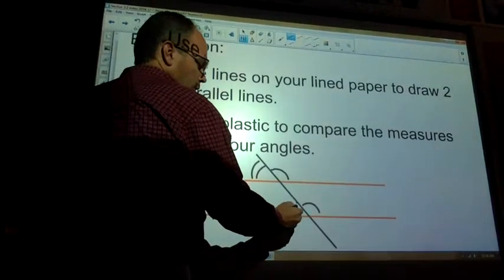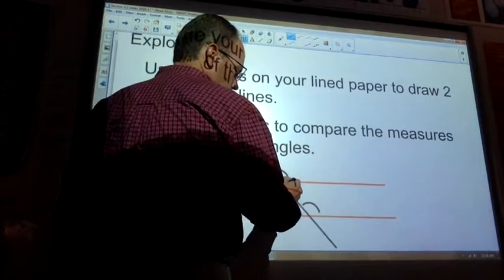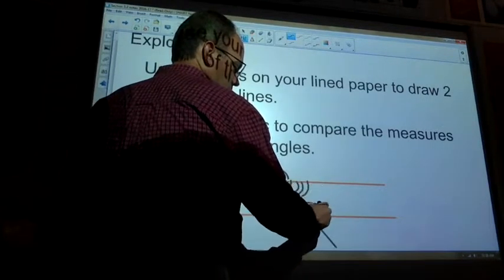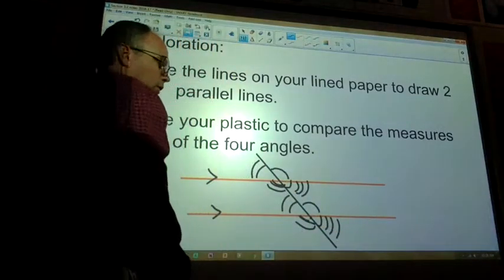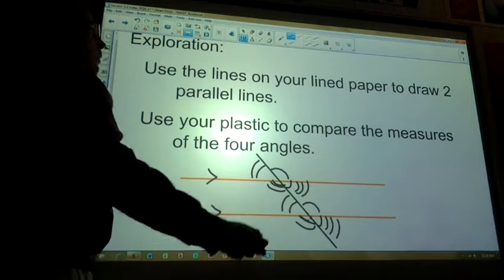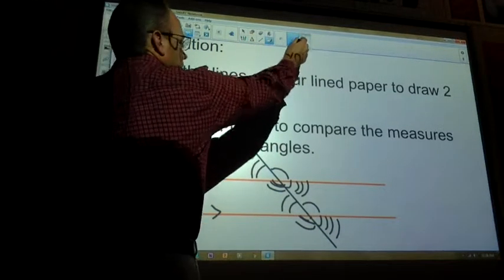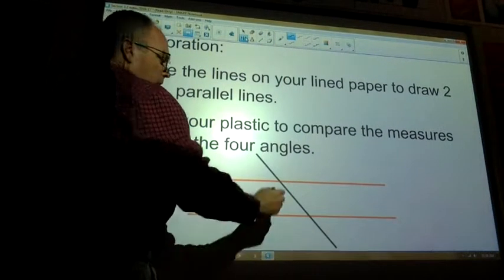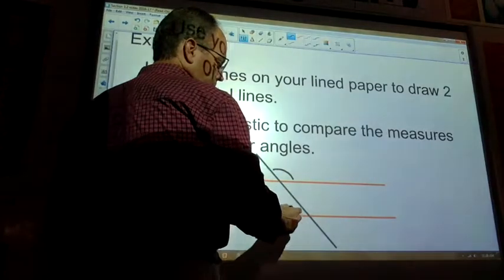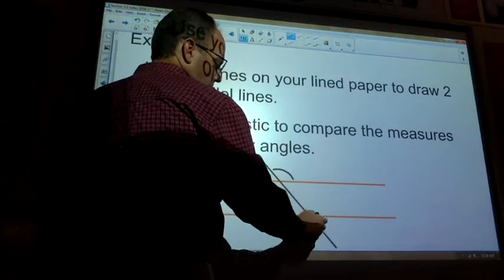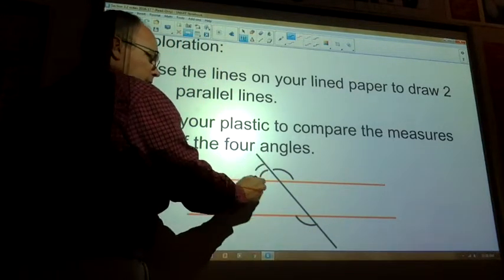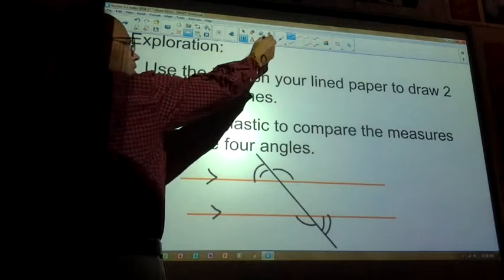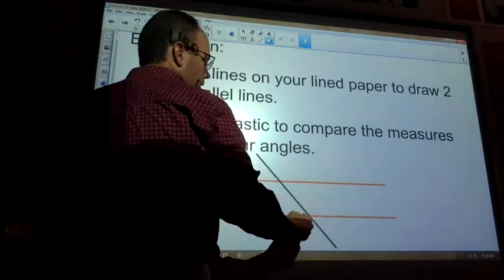And these are all the corresponding angles. Okay, those corresponding angles are equal to each other. If I were to say alternate exterior angles, these are equal to each other in this scenario. Alternate exterior angles are equal when we have parallel lines.